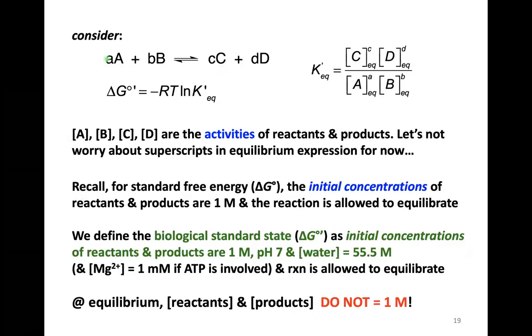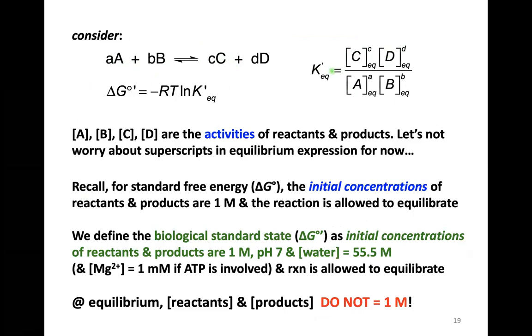So let's consider a reaction of A plus B going to C plus D. Okay, and we can write the equilibrium expression shown here with the appropriate stoichiometric coefficients written as superscripts, okay?